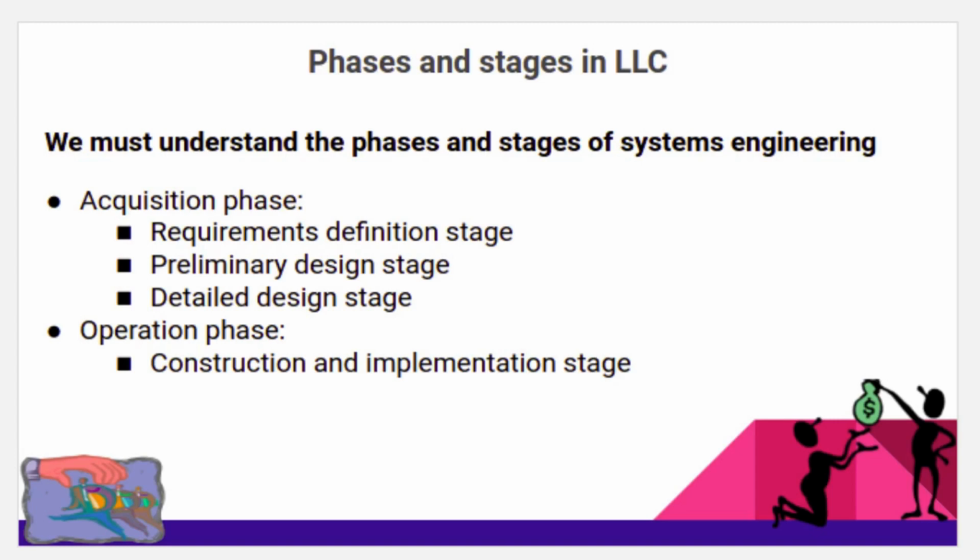They need to be tested and then prepared for the construction and implementation stage. Then next is the usage stage. In this usage stage, the system generates products and services. The largest portion of the life cycle is considered in the usage stage.